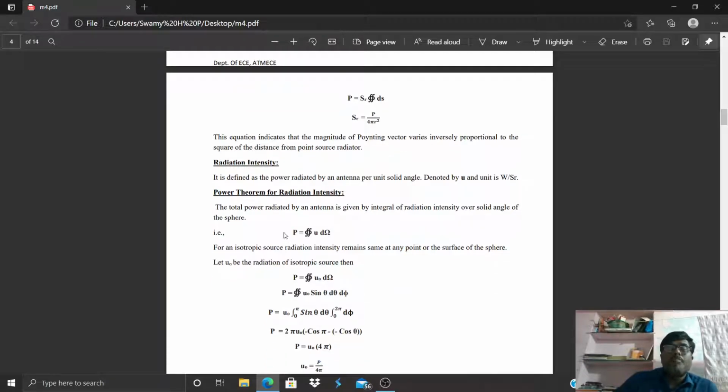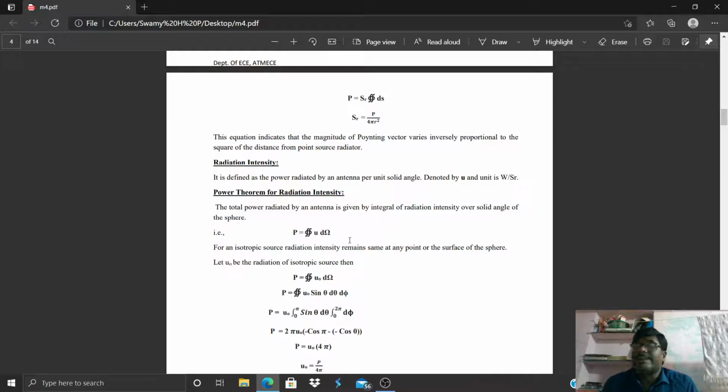The total power radiated by an antenna is given by the integral of radiation intensity over the solid angle of the sphere. It is denoted by U, and its unit is watts per steradian.